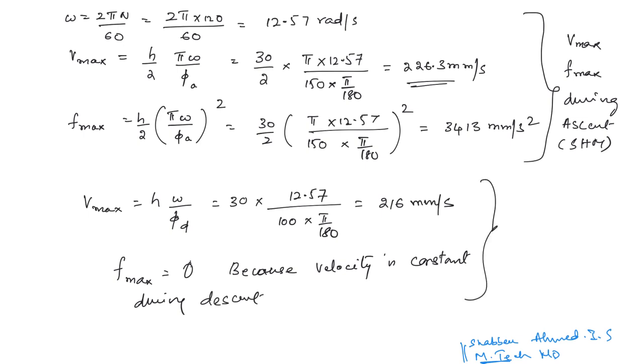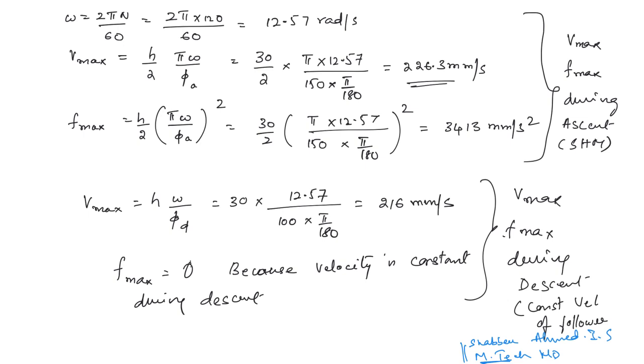So this is Vmax and Fmax during descent with constant velocity of the follower. Okay, those are the things asked in the problem, so that is the end of this problem. In the next video we will try to draw another cam profile.